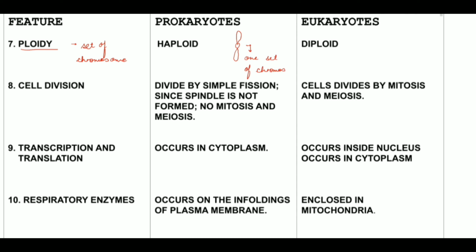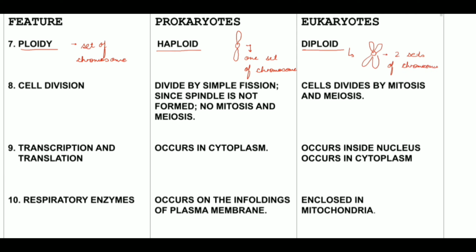That is why they are referred to as haploid. And diploid is this condition where two sets of chromosomes are present, which is seen in the case of eukaryotes.